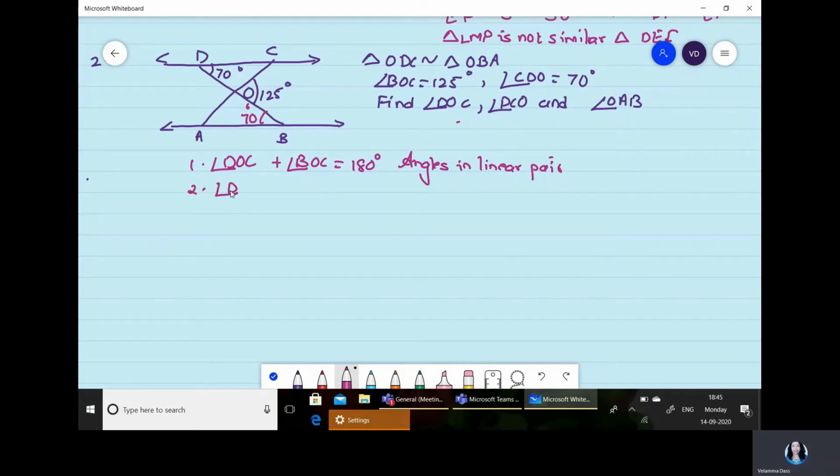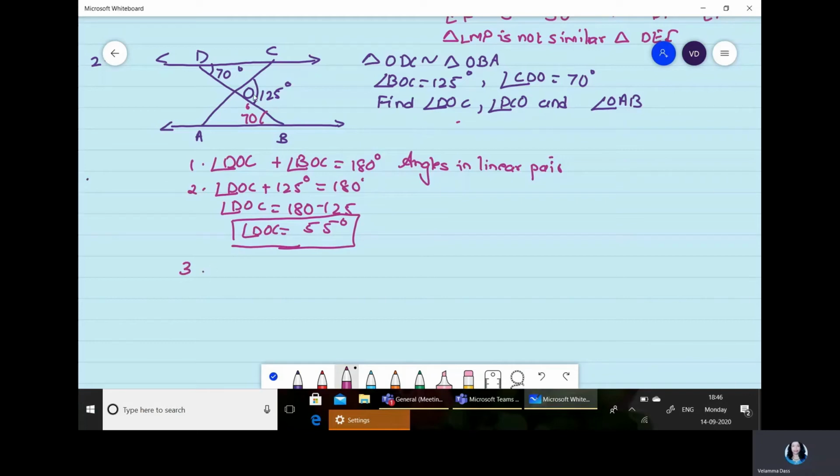We can just substitute: DOC plus 125 degrees equals 180. So angle DOC will be equal to 180 minus 125 degrees. So I'll get 55 degrees. So we have got the first angle, that is angle DOC equal to 55 degrees.